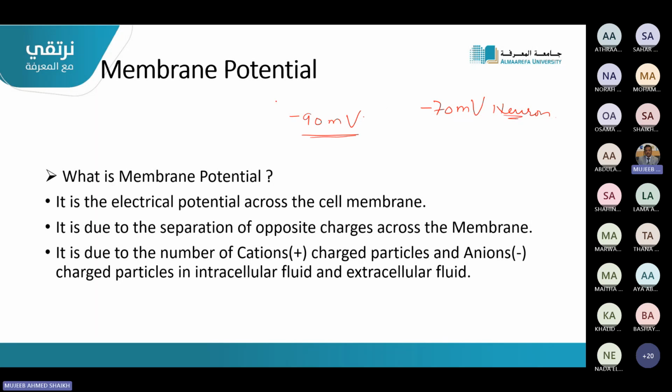Please remember, it is always minus 90 millivolts, plus or minus something, near to minus 90 millivolts in almost all the cells except neurons. Neurons have minus 70 millivolts, plus or minus something.